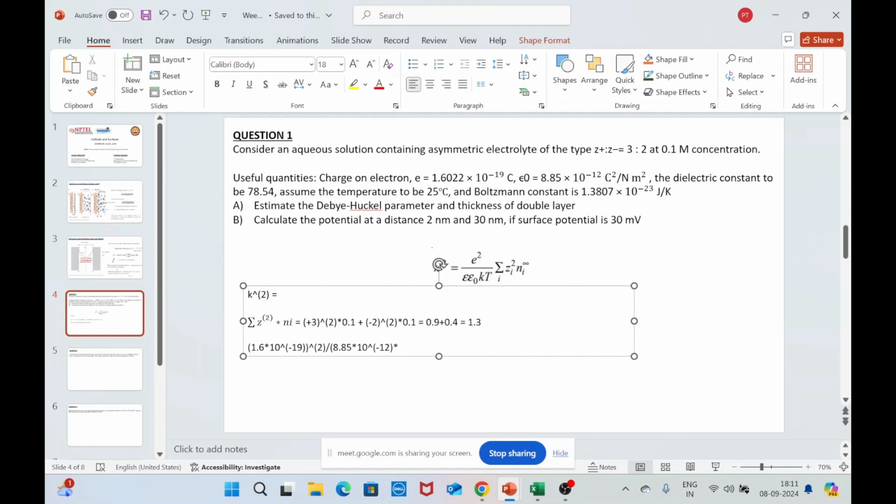The value of epsilon is the dielectric constant, given as 78.54, times k, the Boltzmann constant, 1.38 into 10 to the power minus 23, times T, given as 25 degrees Celsius. In Kelvin, it will be 298.